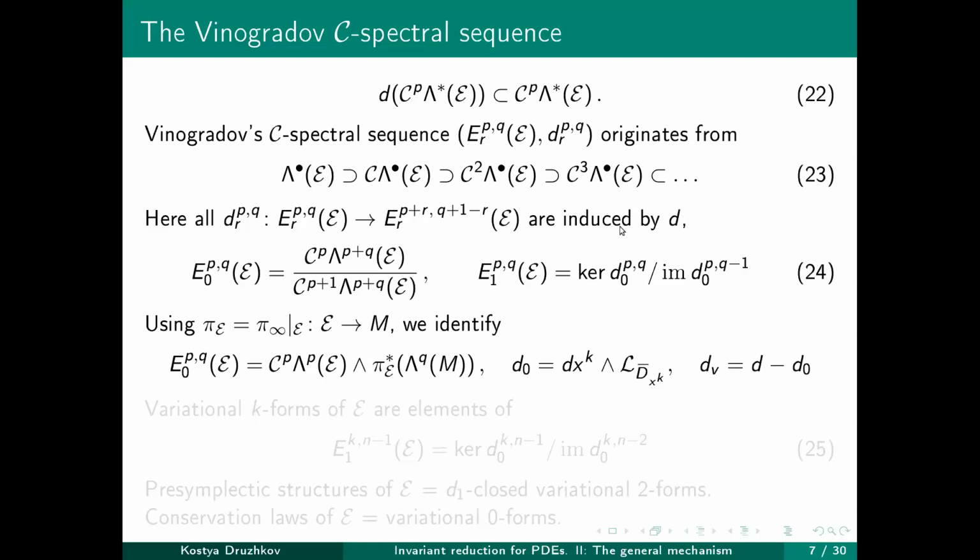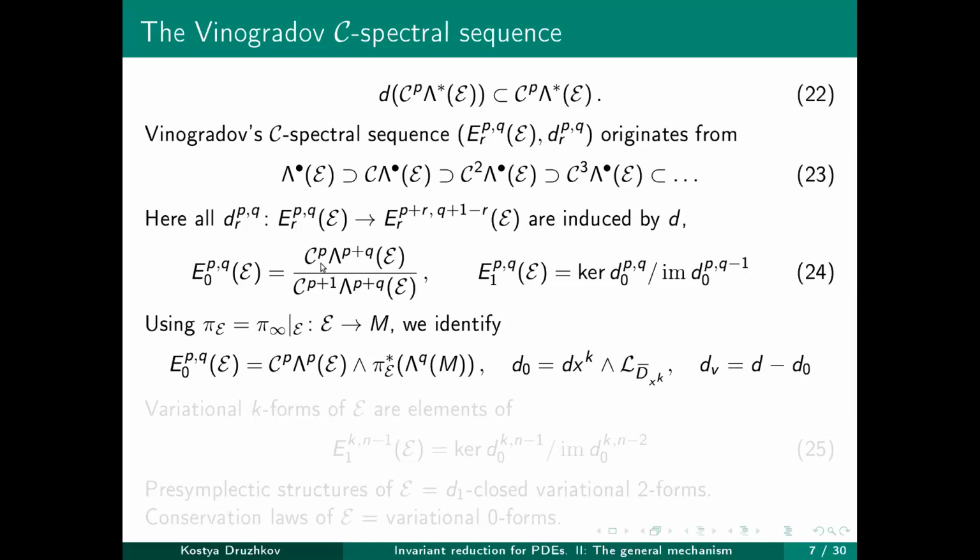All of them are induced by the de Rham differential. On the zero page, we have the corresponding modules over our algebra of smooth functions. And E_0^{p,q} means simply at least p times Cartan forms, at least p times degenerate, because Cartan forms are forms that degenerate on solutions.